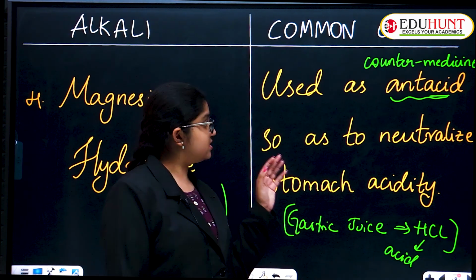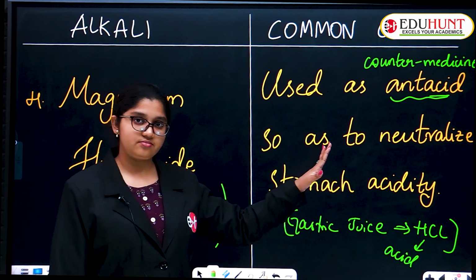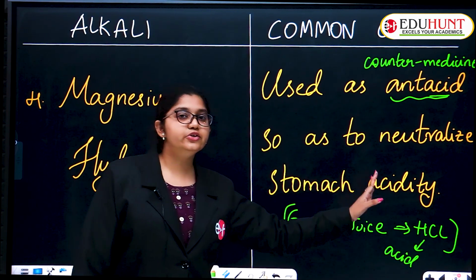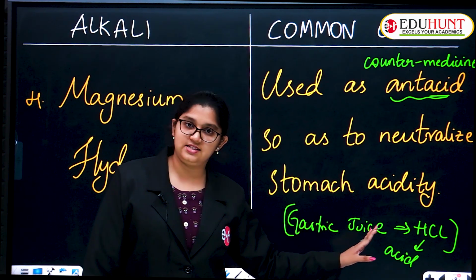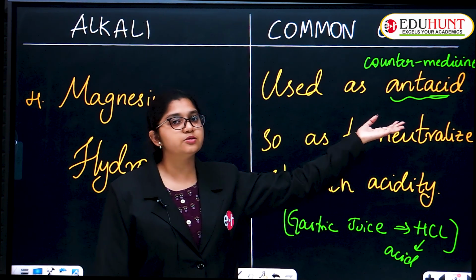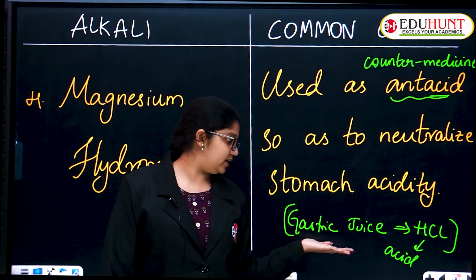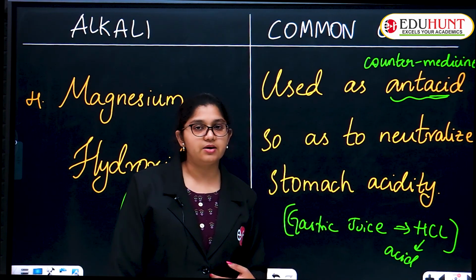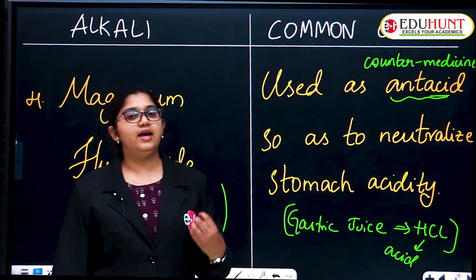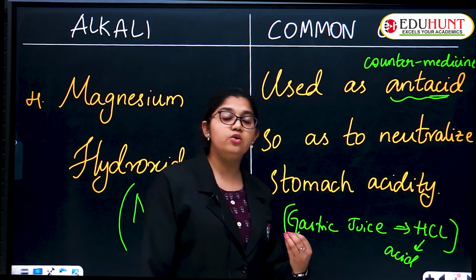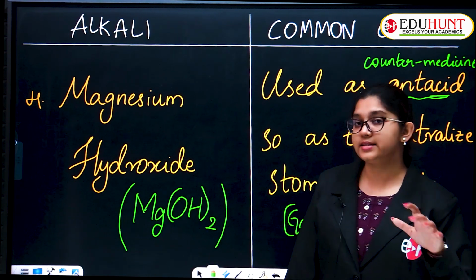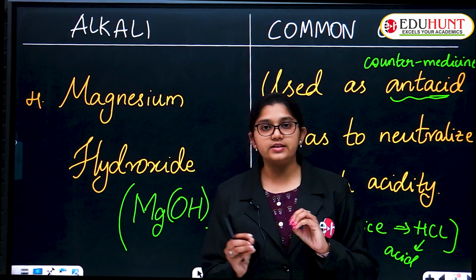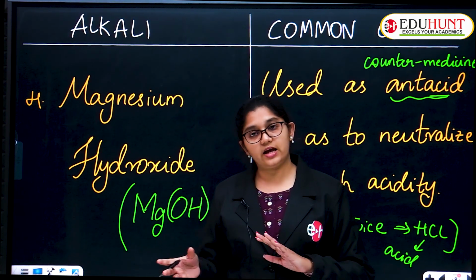Okay, so it is used as an antacid so as to neutralize stomach acidity. In the sense, it is acting as a counter medicine to stomach acidity, because our stomach contains gastric juice, HCl. If we do not eat proper food at the proper times, what happens? It releases gastric juice.